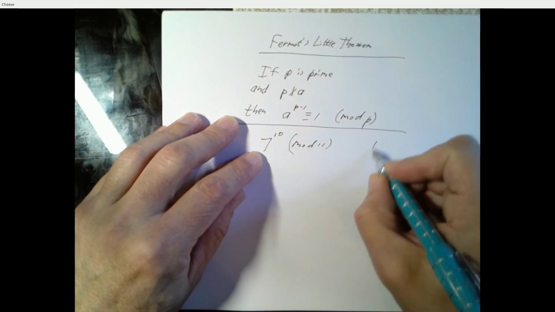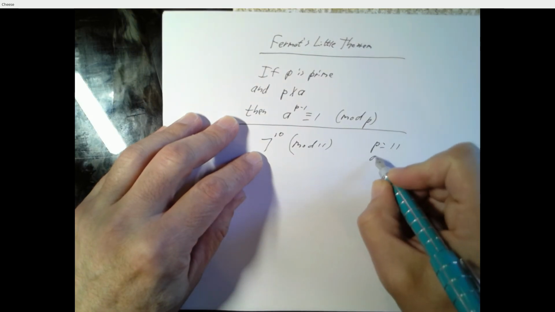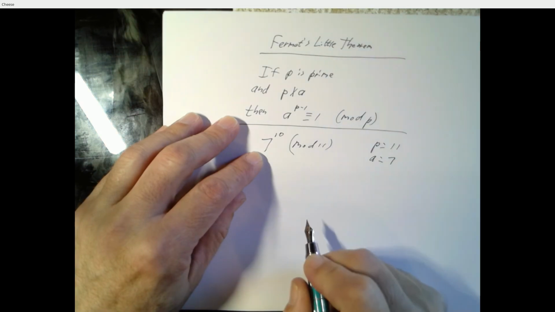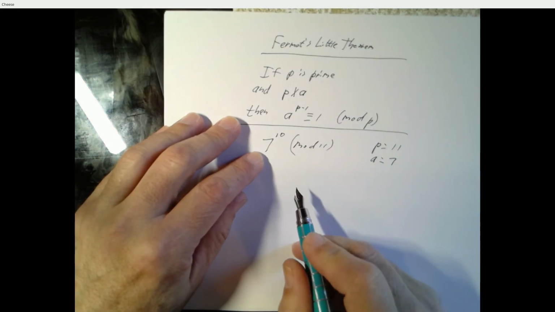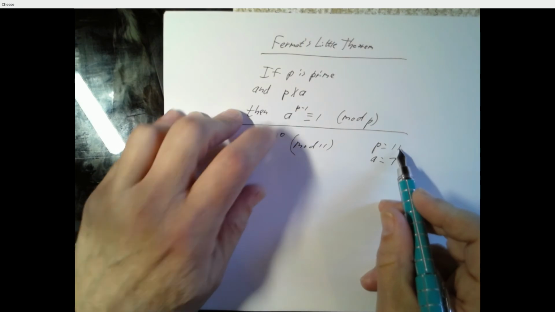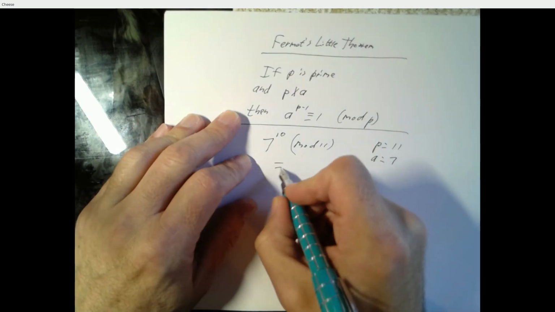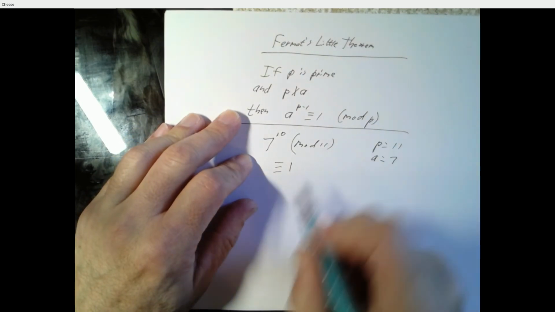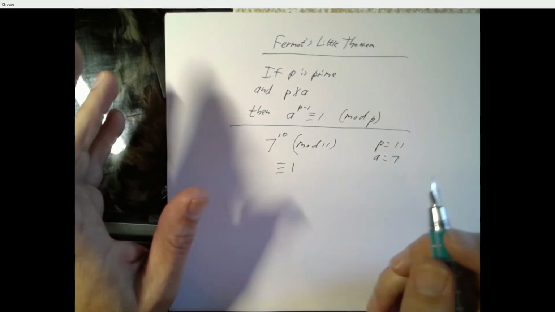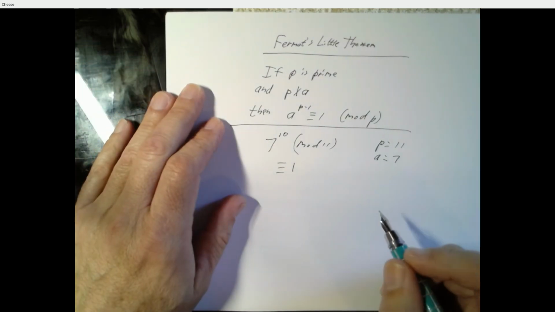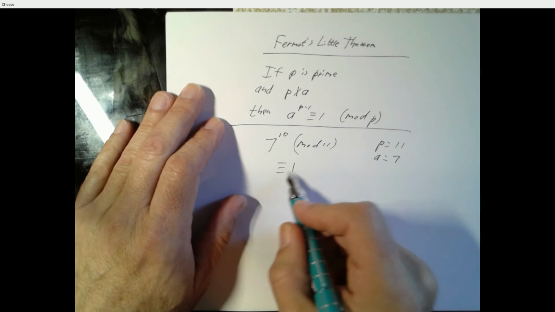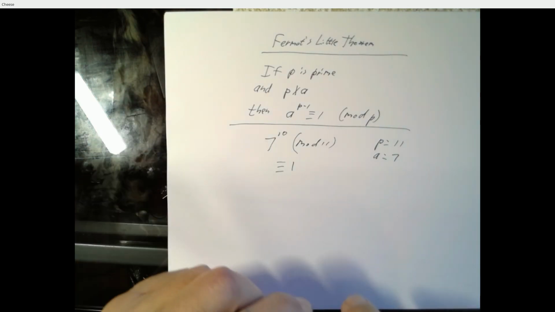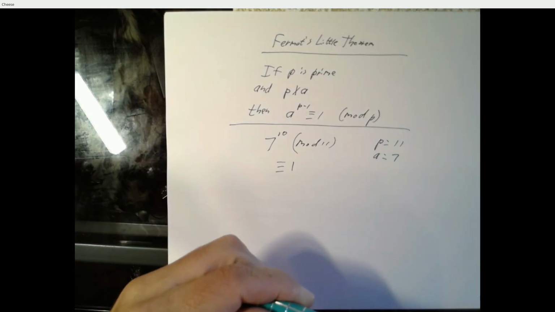So here we're setting P equal to 11 and A equal to 7. And Fermat's little theorem tells us directly that 7 raised to the 10th will be congruent to 1 modulo 11. So without doing any work other than looking at this theorem, we can tell immediately that 7 to the 10th is one more than a multiple of 11.